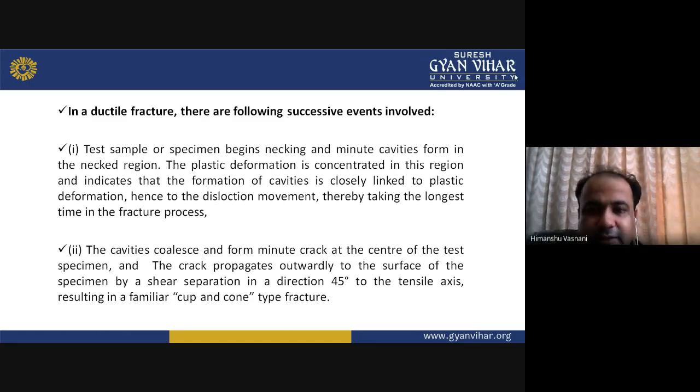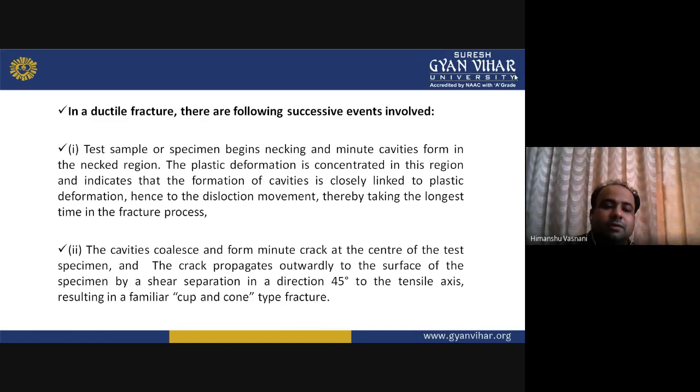I repeat, whenever ductile fracture is happening, the area where dislocation movement is happening takes a long time for the fracture process to take place. We should be aware that this movement requires energy, which is absorbed during the ductile fracture process.